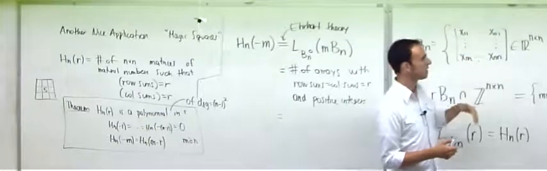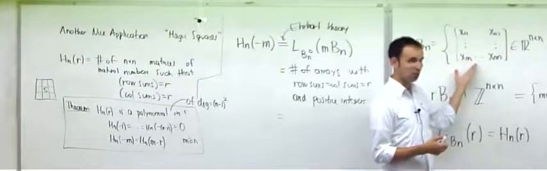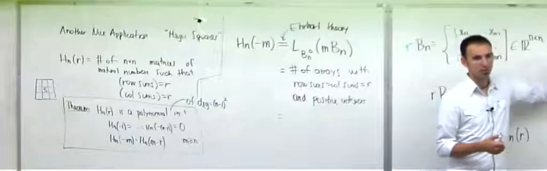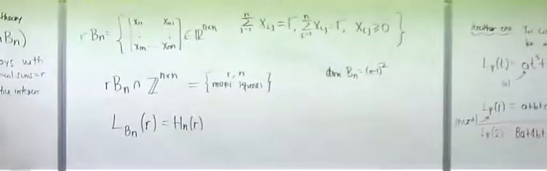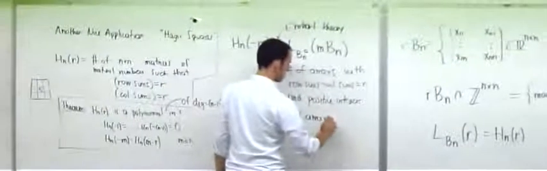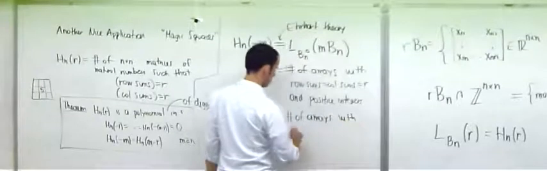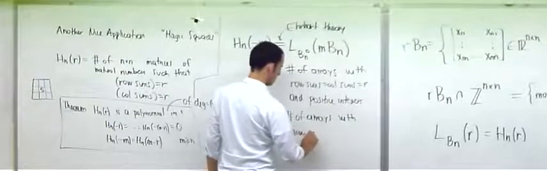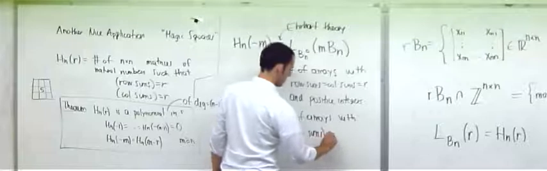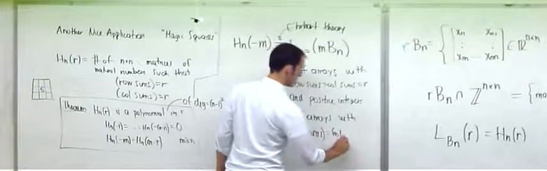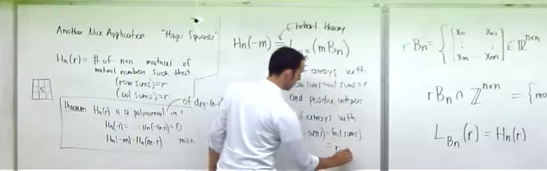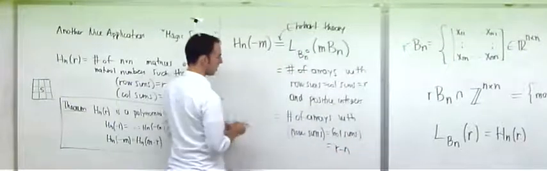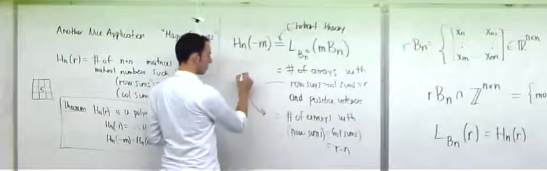And then what I'm going to get is a solution to the old problem, except that now the sums are going to be R minus N. So what you get is the number of arrays with row sums equal column sums equals R minus N. And what I get from here to here is I just subtract 1 from each entry.